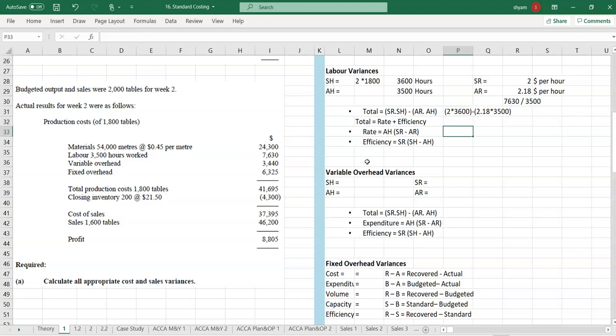We'll work out all the ratios, then we'll compute the answer. AH is 3,500, SR is 2, AR is 2.18. Again, SR is 2, SH is 3,600, AH is 3,500.